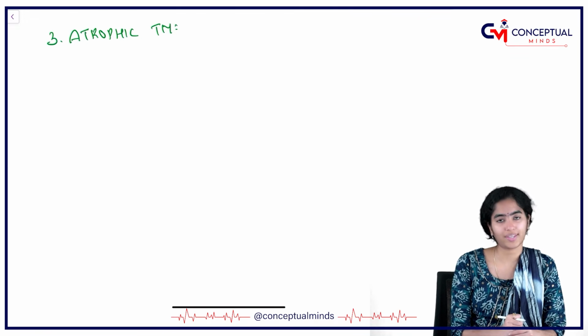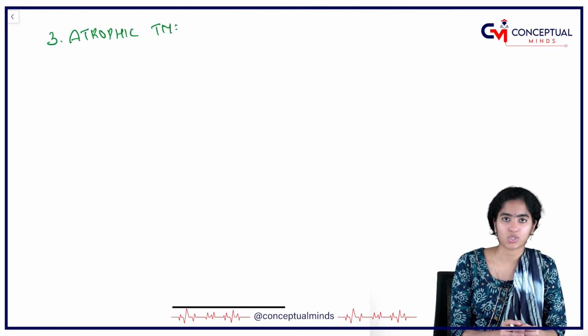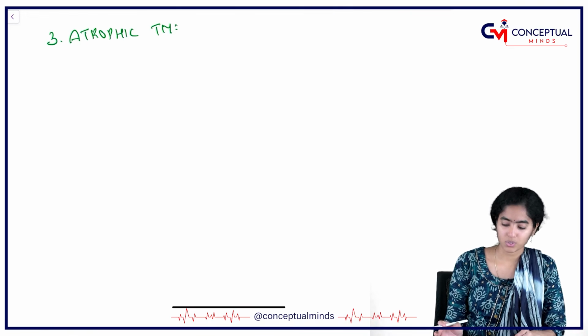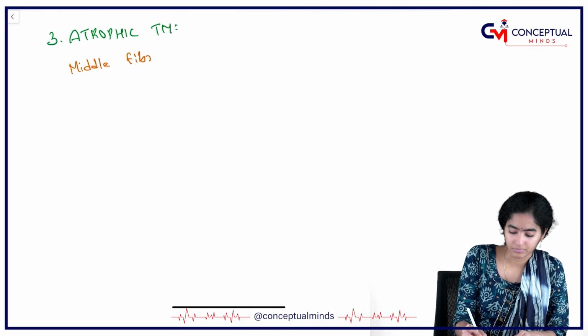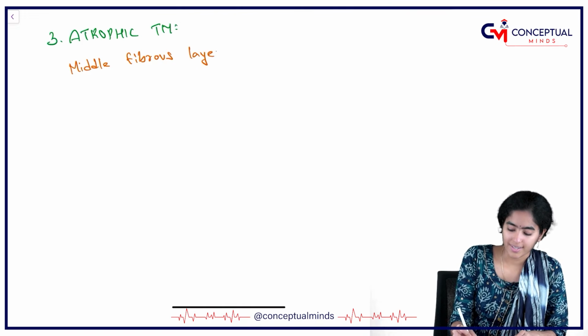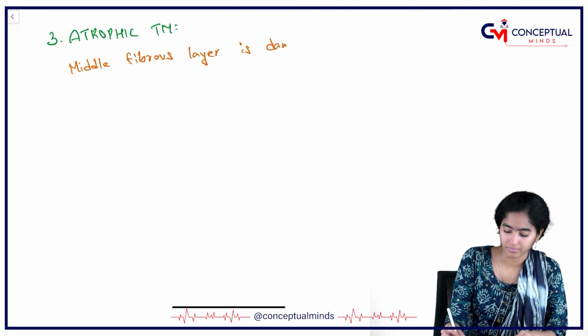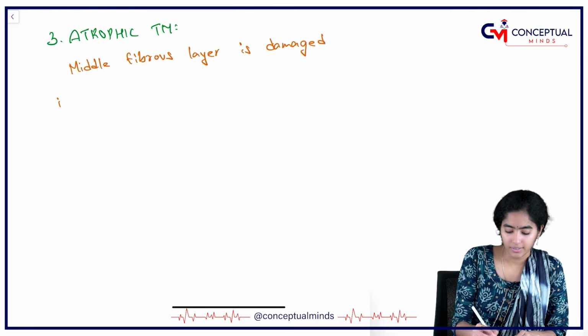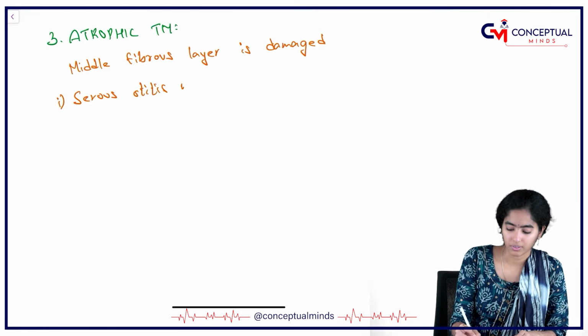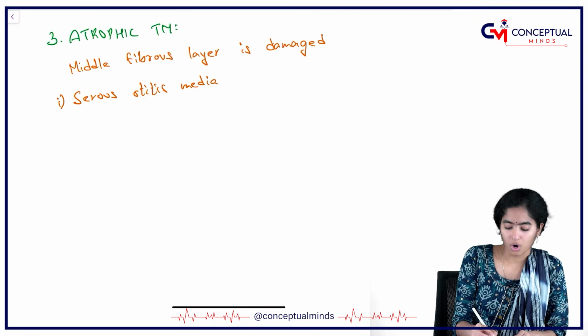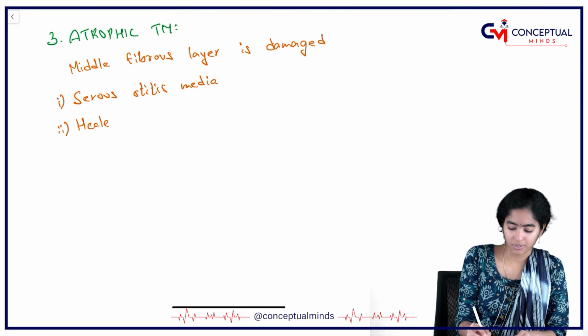So, the original strength of the tympanic membrane is never restored in case of a perforation, or if at all the fibrous membrane is absorbed, as in a case of serous otitis media. So, that is about atrophic tympanic membrane. The main feature is the middle fibrous layer is damaged, either in case of serous otitis media where it is absorbed, or a healed perforation.